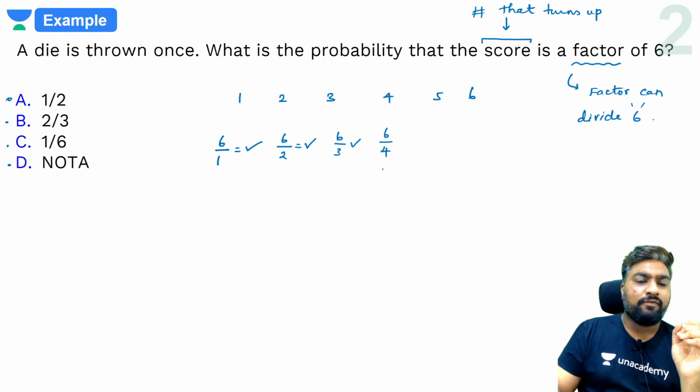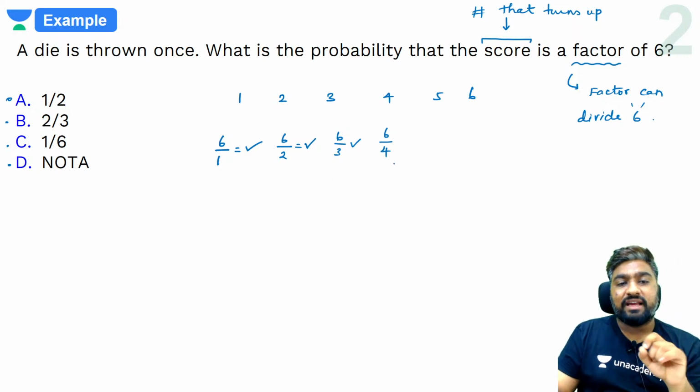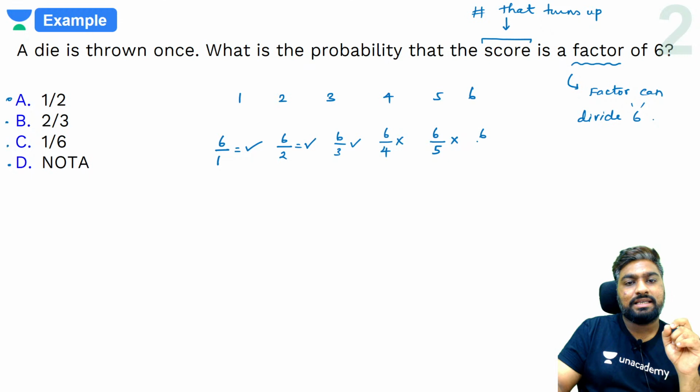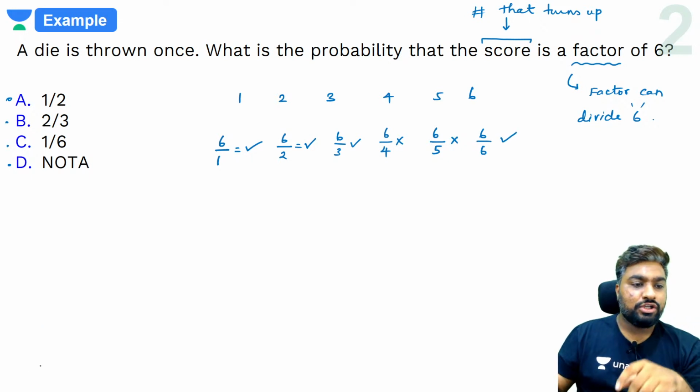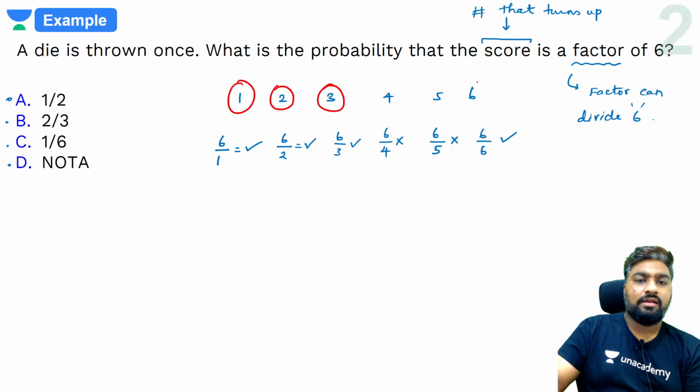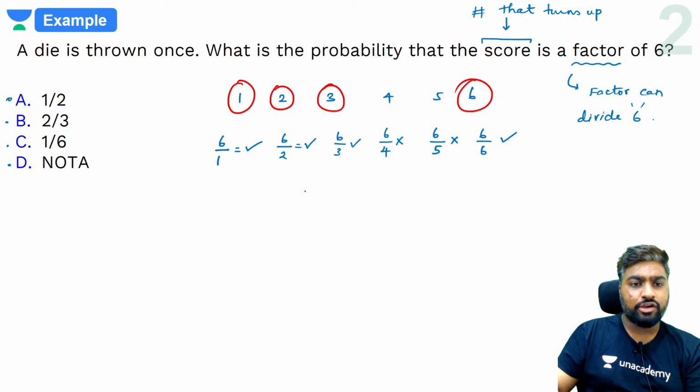When I divide 6 by 4, what will I get? I'll get 1.5. Is it divisible? No. Same way, 6 by 5, 1.2. Nope. But what about 6 by 6? Yes. So how many terms that can divide 6?